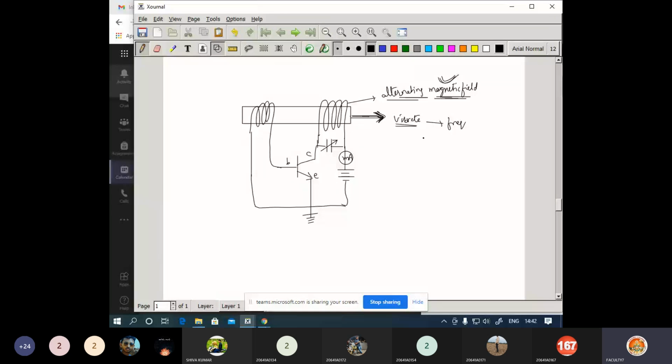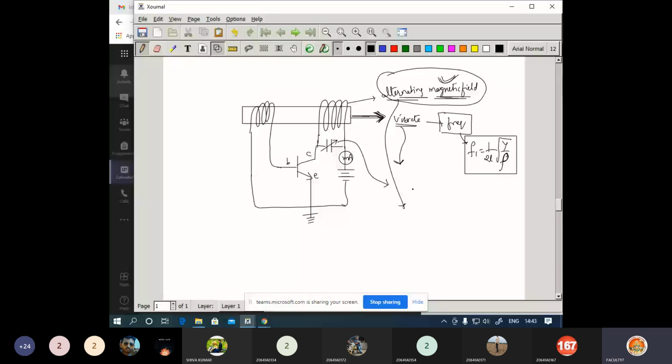Now here it is depending on the frequency. The frequency of the rod is already fixed here. F1 is given as 1 by 2L root Y by rho. It is a fixed value. Now regarding the vibrations, how are you going to vary them? Depending on the capacitor.